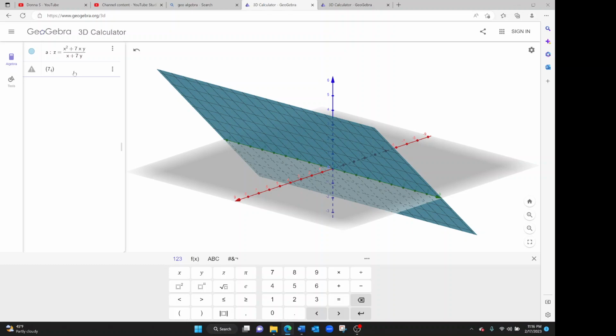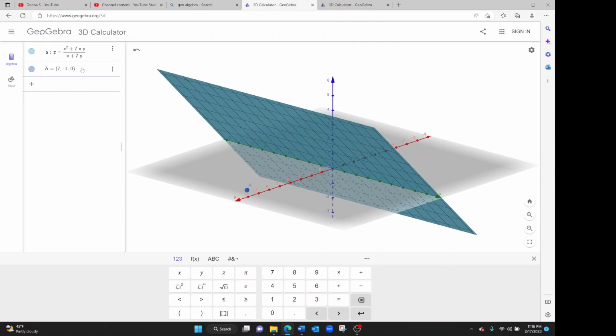Ooh, how did I do that? How did I get that as a subscript? Do you ever wonder how you do something? How did I do that? I don't even know. And z is 0. It's already assuming z is 0. But there's that point right there. I'm going to put that in, enter it, and it's going to call it point A there.